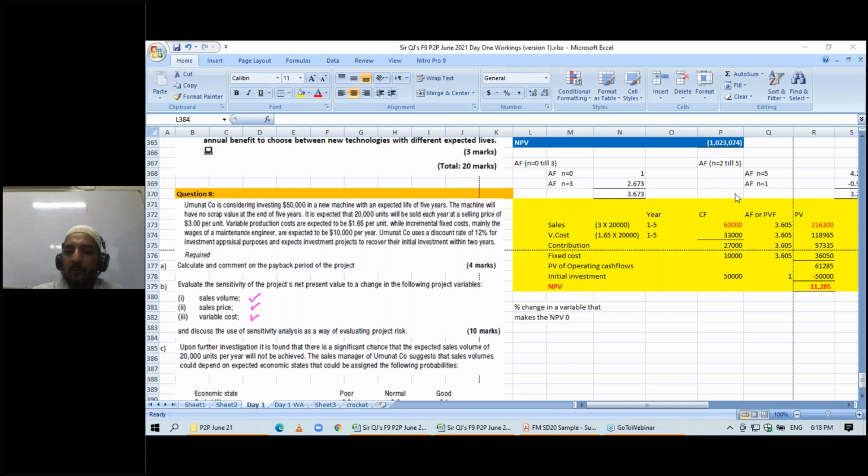Now look at the formula. How do I make it? The first requirement is the percentage change in sales volume that will make NPV zero.